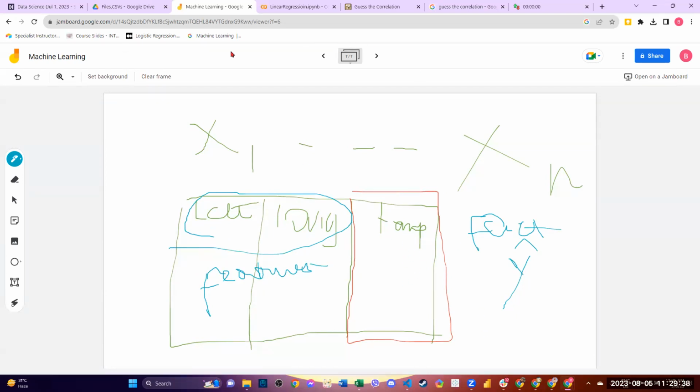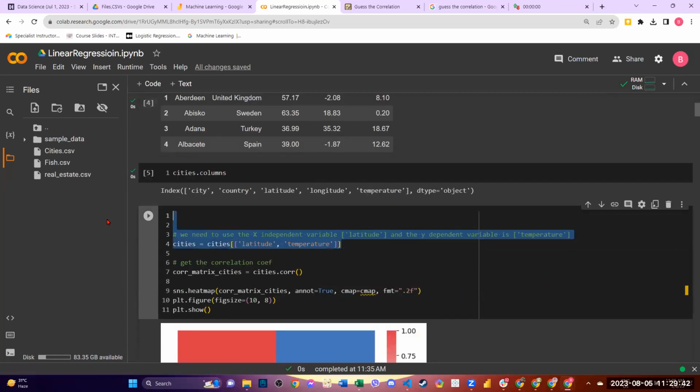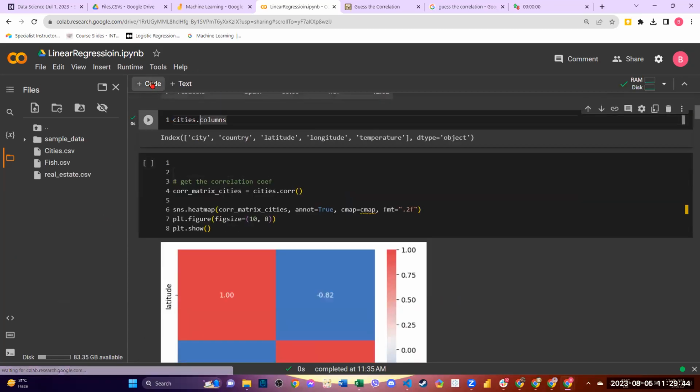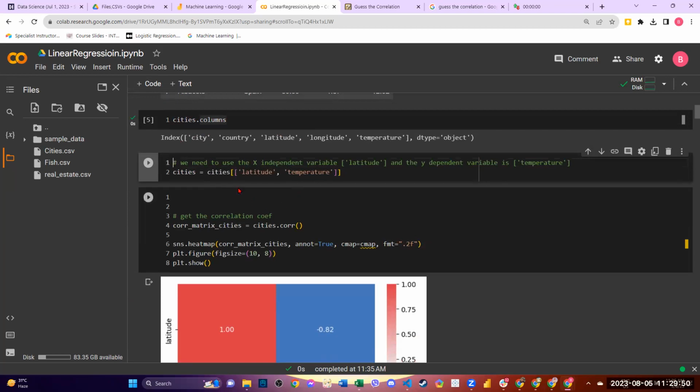All right. So we will be selecting, for our linear regression, latitude as our x, our independent variable, and temperature, our dependent variable.